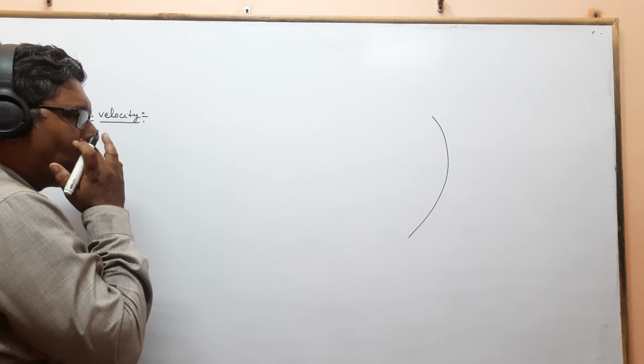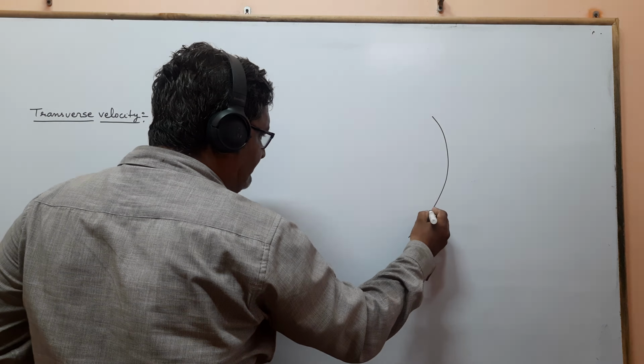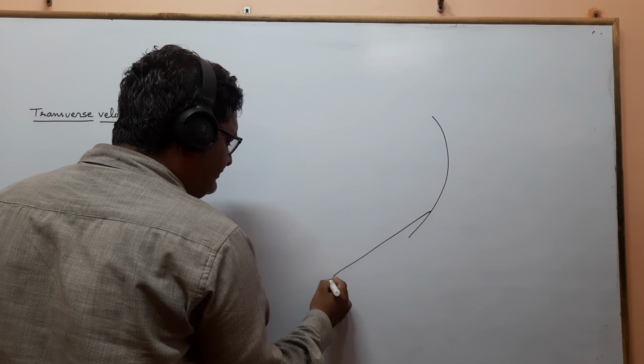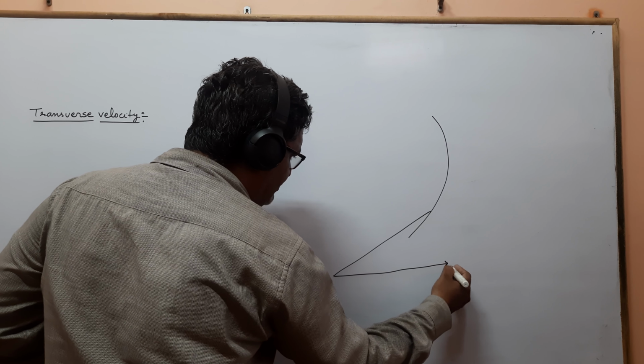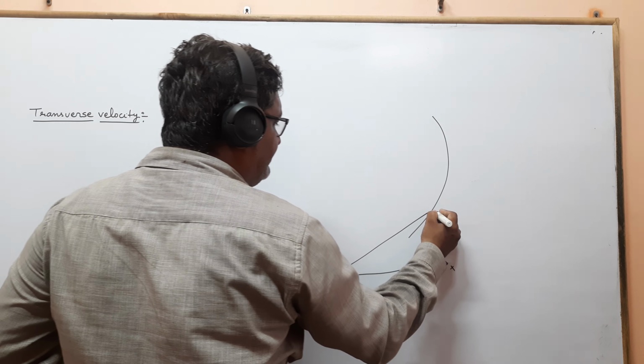suppose that this is a curve on which the particle is moving and O is the pole, OX is the initial line.